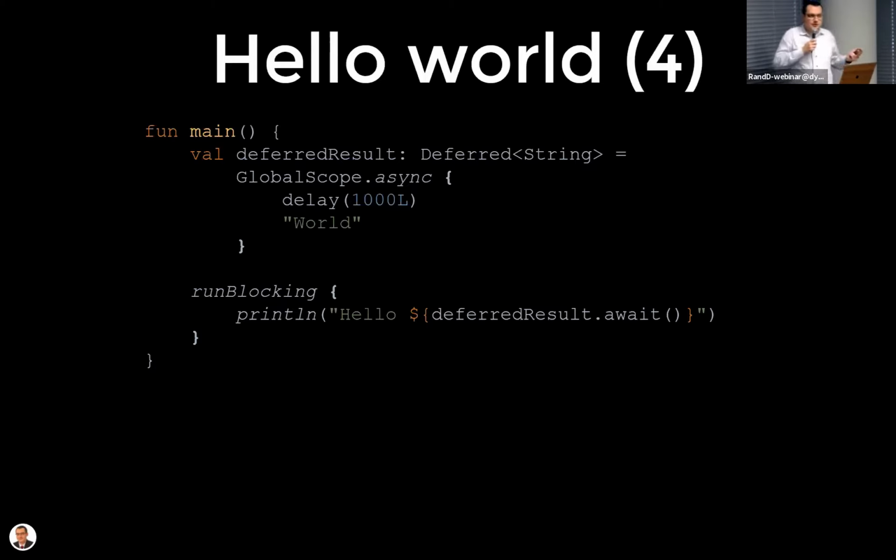I call it future-like, but its actual name is Deferred, and the Kotlin team picked this name because it wasn't used anywhere else. But it basically works in the same way. We can use it later to retrieve the value that we're interested in. And of course, the result would be exactly what we expect.